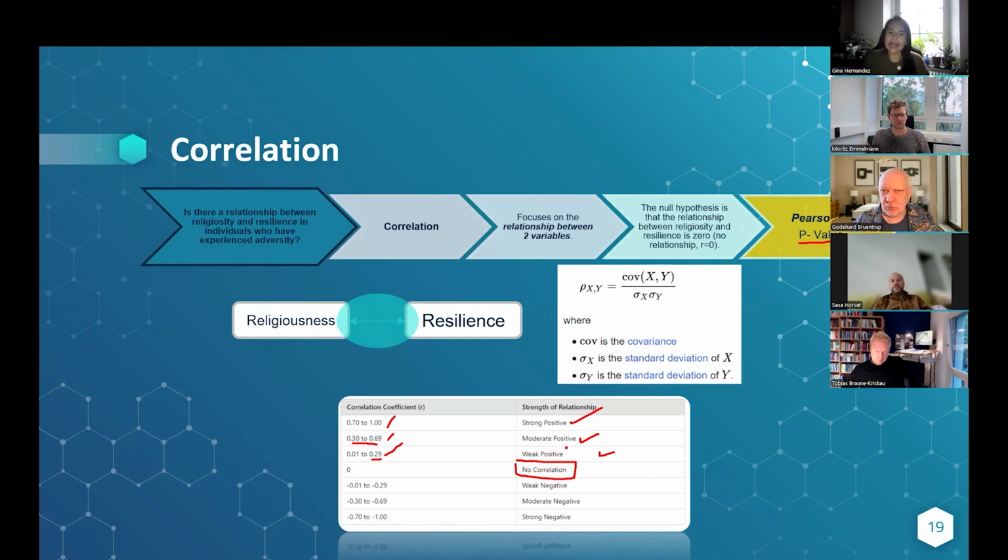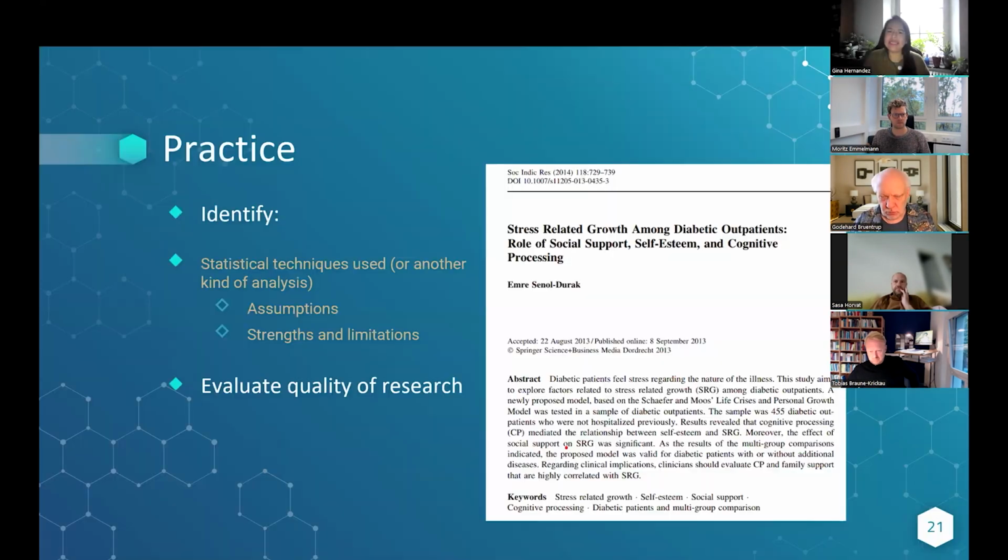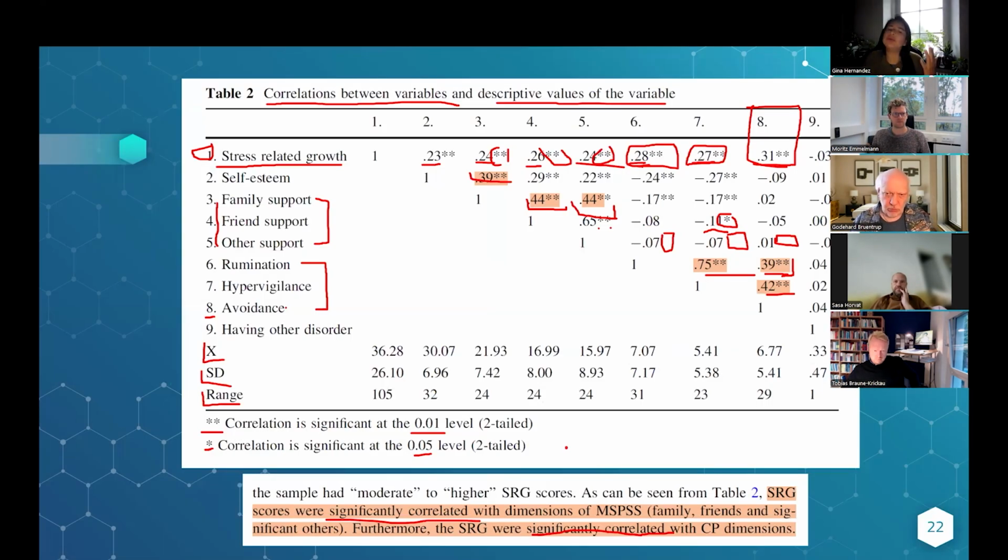So okay, in this case, I will go with you and say, come on, the difference is too low. Basically, I will say that we need more studies in order to know more. And we need a specific hypothesis looking into a specific relationship. For example, here I have a lot of noise with self-esteem, because self-esteem is negatively correlated with cognitive processing. And they were saying having high self-esteem will lead you to grow in this traumatic disease.